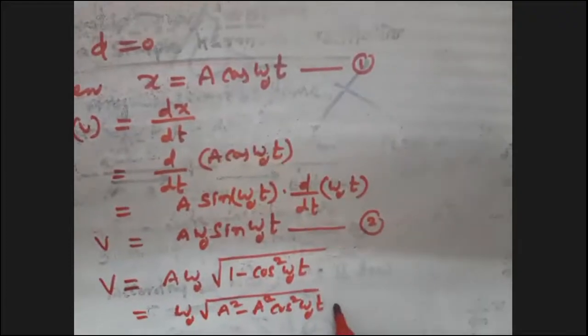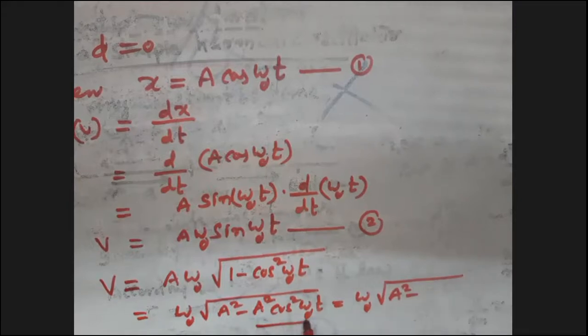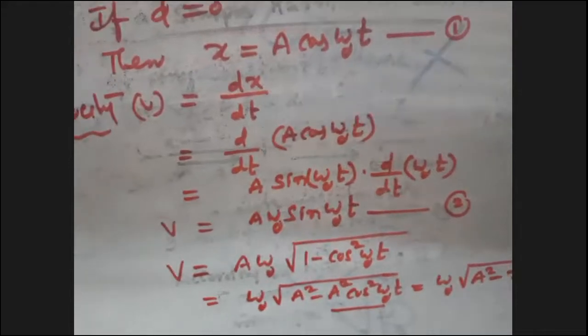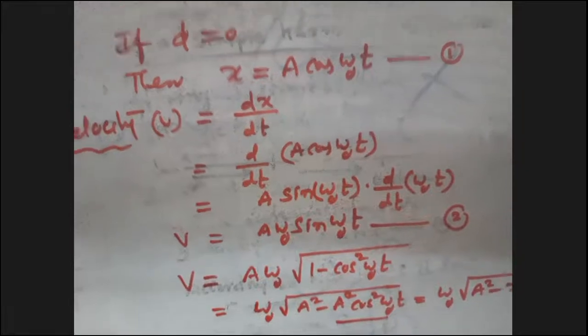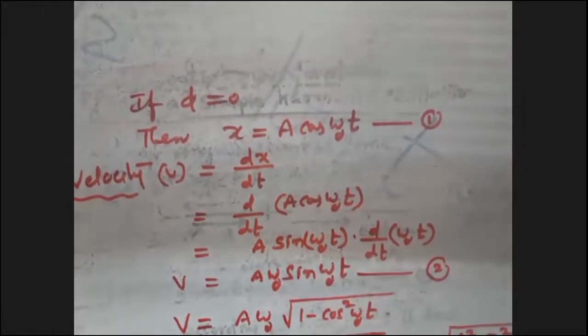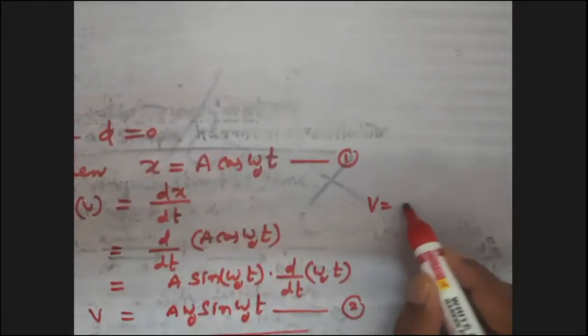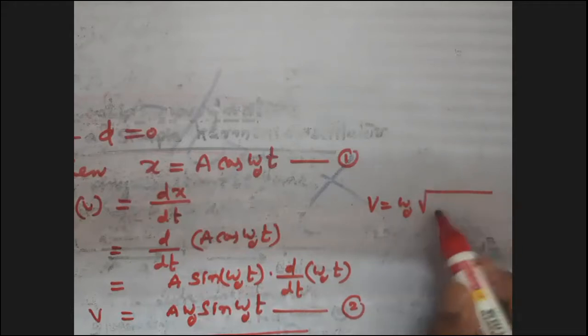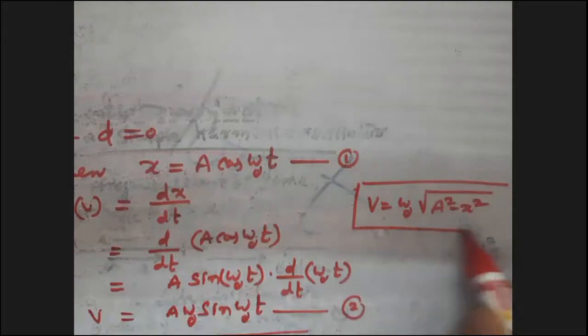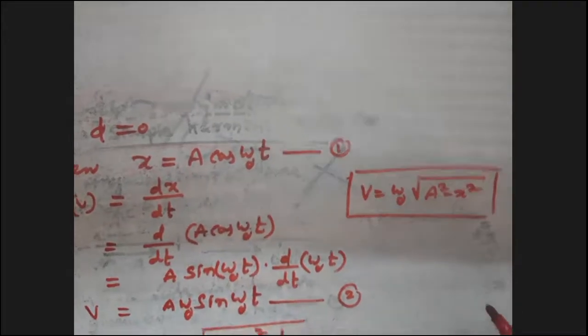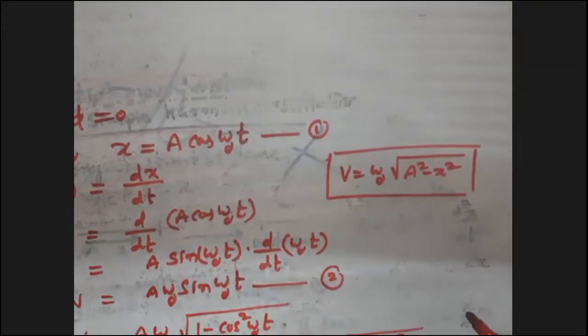That equals omega naught under root A square minus, but A cos omega naught t is x, so x square. Finally, v is equal to omega naught root of A square minus x square. This is the velocity of the particle executing simple harmonic motion in terms of displacement.